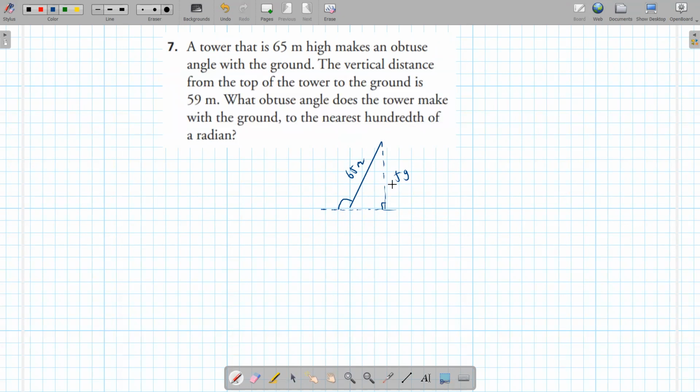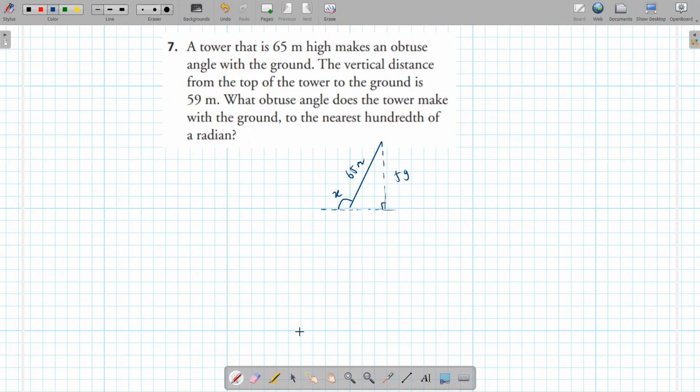I basically want to find x. Let's call this angle x. It's easier than you think. Can't we just plug in the Pythagorean theorem to find the missing length at the bottom? Sure, we could.